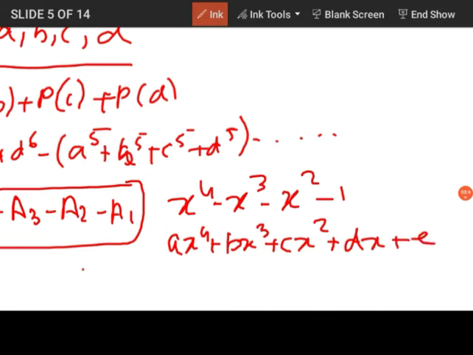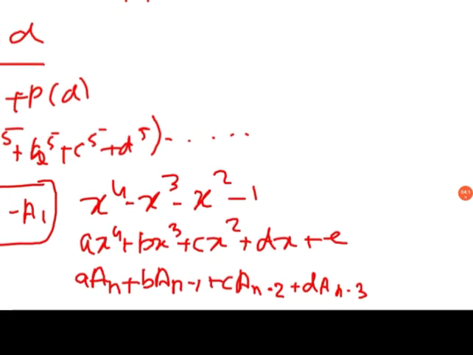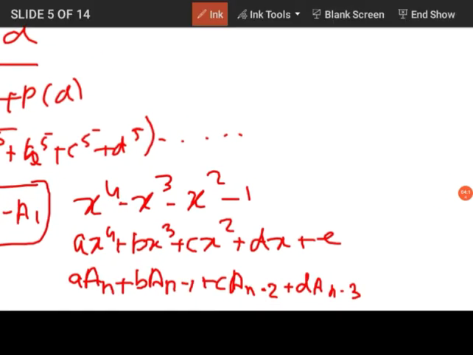Now if I want to form the Newton's sum version of this biquadratic equation, that would be a times a_n plus b times a_{n-1} plus c times a_{n-2} plus d times a_{n-3} plus e times a_{n-4}. So this is what the Newton's sum version of this general biquadratic equation would look like.